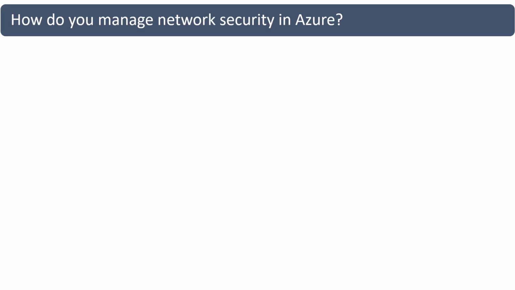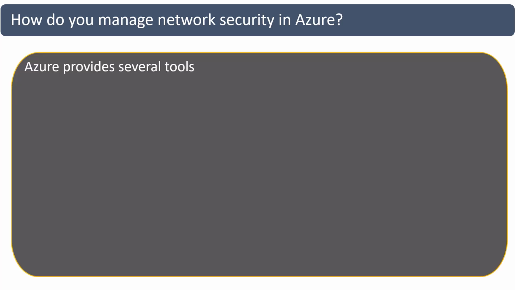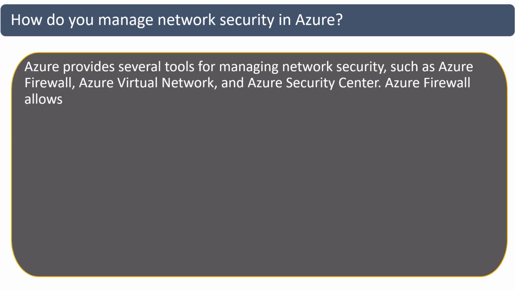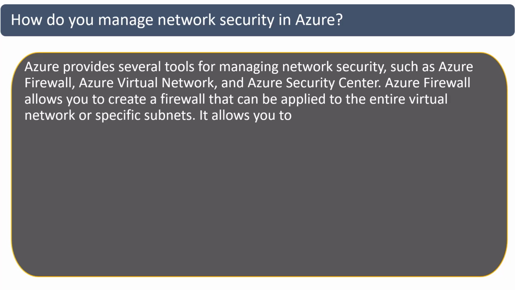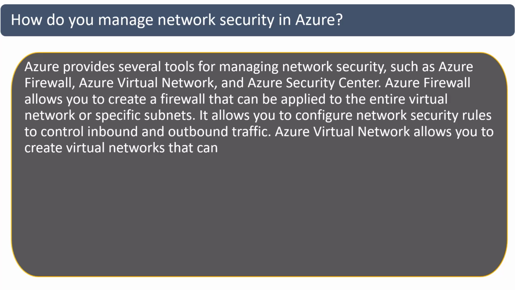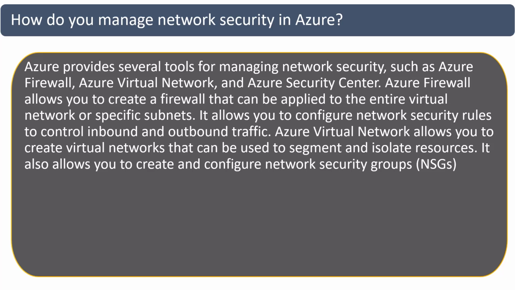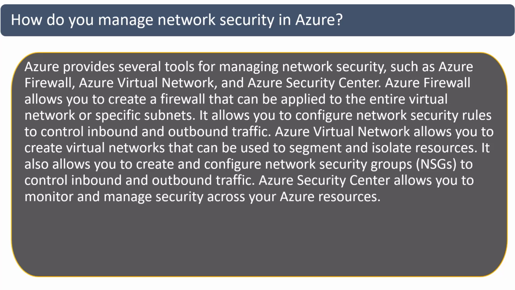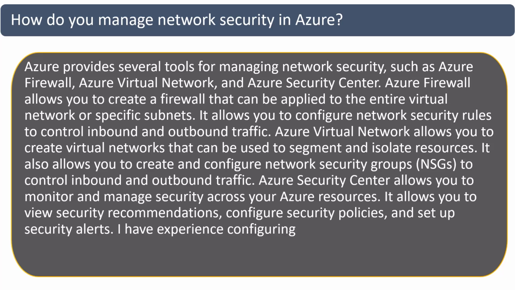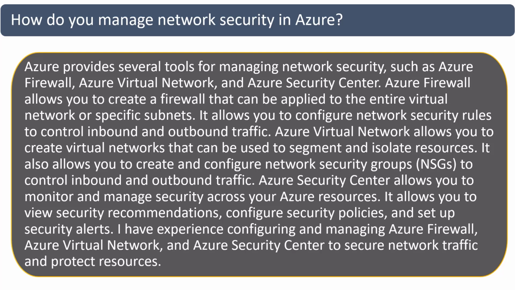How do you manage network security in Azure? Azure provides several tools for managing network security, such as Azure Firewall, Azure Virtual Network, and Azure Security Center. Azure Firewall allows you to create a firewall that can be applied to the entire virtual network or specific subnets. It allows you to configure network security rules to control inbound and outbound traffic. Azure Virtual Network allows you to create virtual networks that can be used to segment and isolate resources.